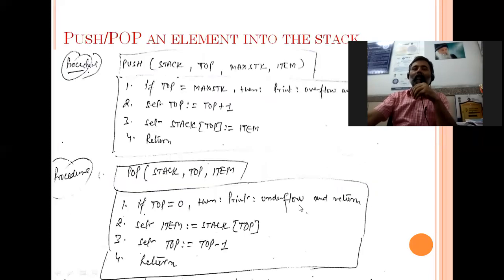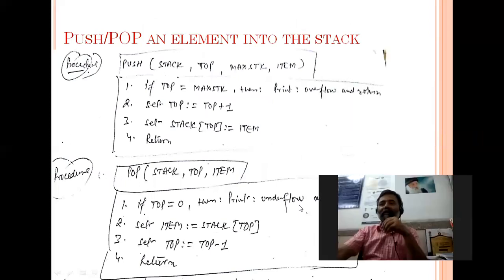Now, I am discussing firstly the push operation. The stack, this is the name of the array we are taking. Top and max stack are global variables, and we want to push an item. So before insertion, it will be checked whether the value of top is equal to max stack. If it is so, that means overflow, and it will simply return, because if the array is full, then we can't push any item.